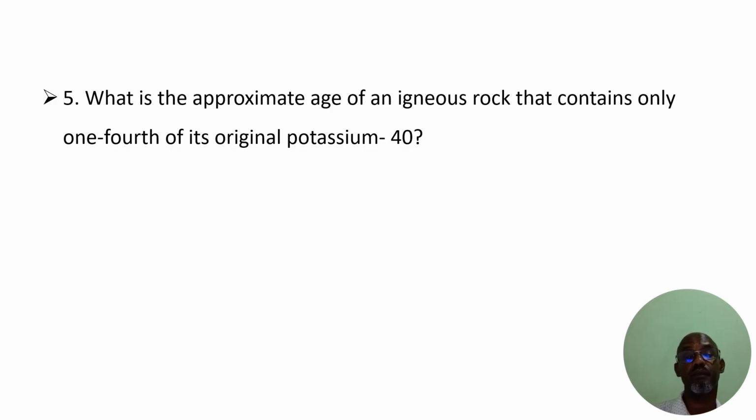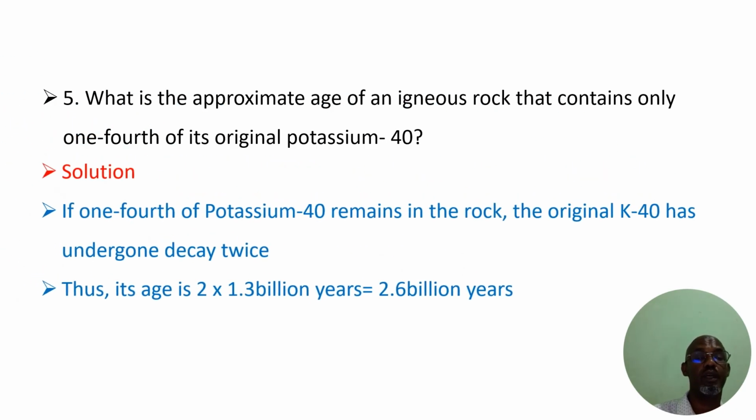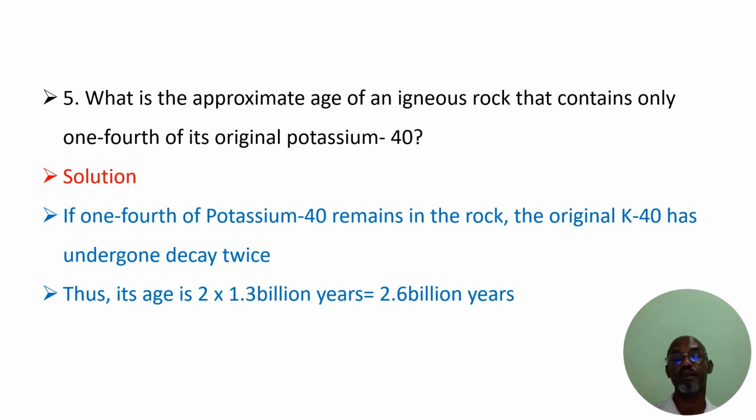It is potassium, so twice the half-life, twice 1.3 billion years. The solution is just like this. If 1/4 of potassium-40 remains in the rock, the original potassium-40 has undergone decay twice. Thus, its age is 2 times 1.3 billion years, which is 2.6 billion years.